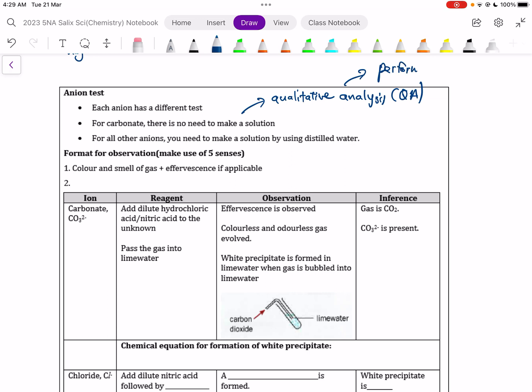Except for carbonate, you don't need to perform on solutions. You cannot do QA on solid. For other anions you have to make a solution, usually with distilled water.